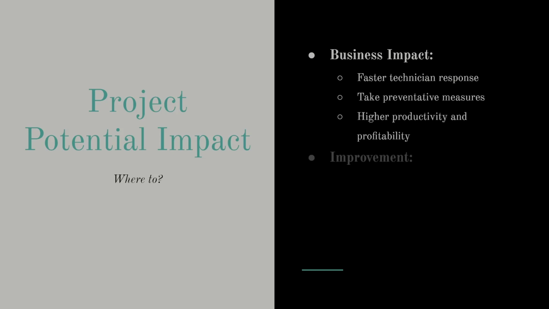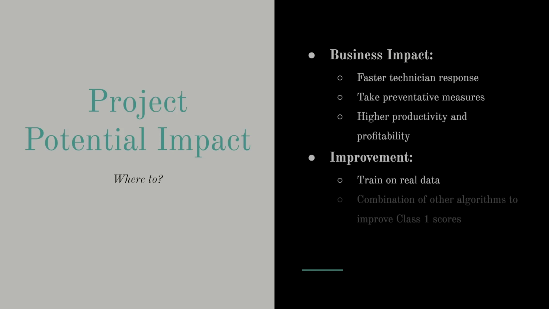And for the project's potential impact, we think there may be a huge impact on the business side of things. It can provide a faster technician response time by giving them the probability in the UI that I just showed, and have them decide if this is the correct group and code, so they wouldn't have to guess around.